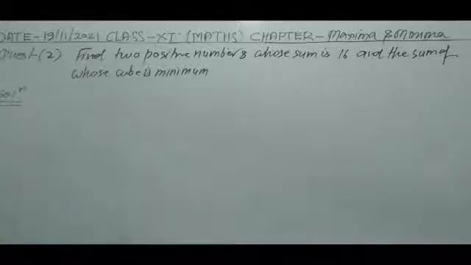We have to find two positive numbers whose sum is 16 and the sum of whose cubes is minimum.